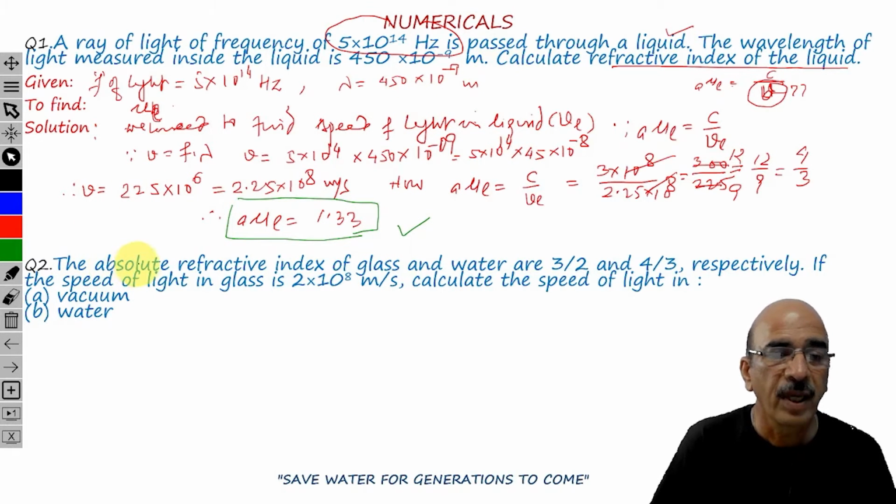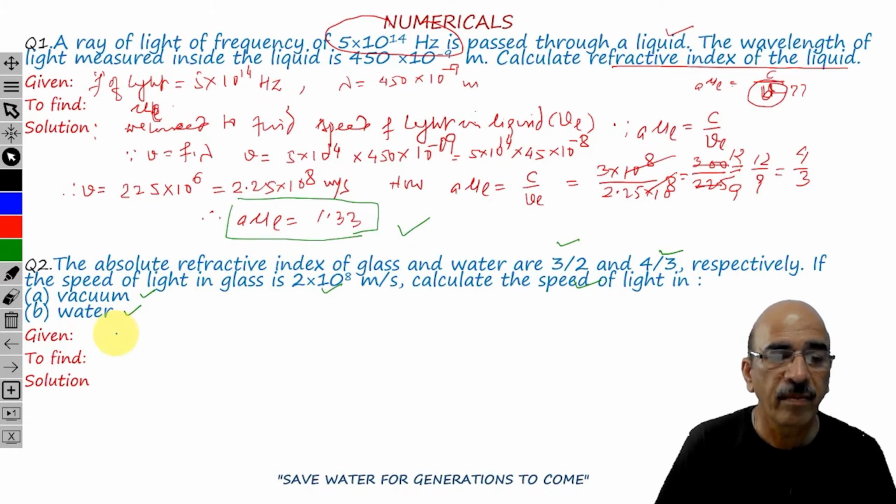Now next question, the absolute refractive index of glass and water are given. Absolute refractive index are given. Okay, then if the speed of light in glass is 2 into 10 raised to 8 meter per second, calculate the speed of light in vacuum and then in water. The same way we have to write down here, first of all given, then to find, and then उसके बाद में होगा solution. तो given में क्या देखो दिया है, absolute refractive index of glass.